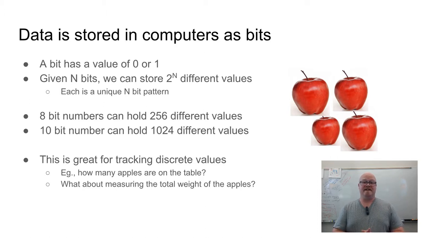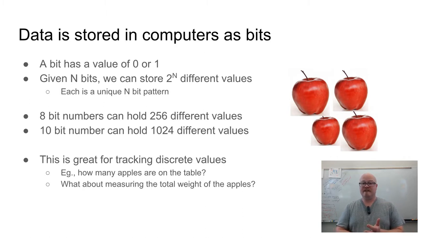Now, if we have multiple bits stuck together, so given n bits, however many bits that is, with that many bits we can store 2 to the n different values, whereas the entire bit pattern of n bits, there are 2 to the n different unique bit patterns where each of the bits has a 0 or a 1 in it.